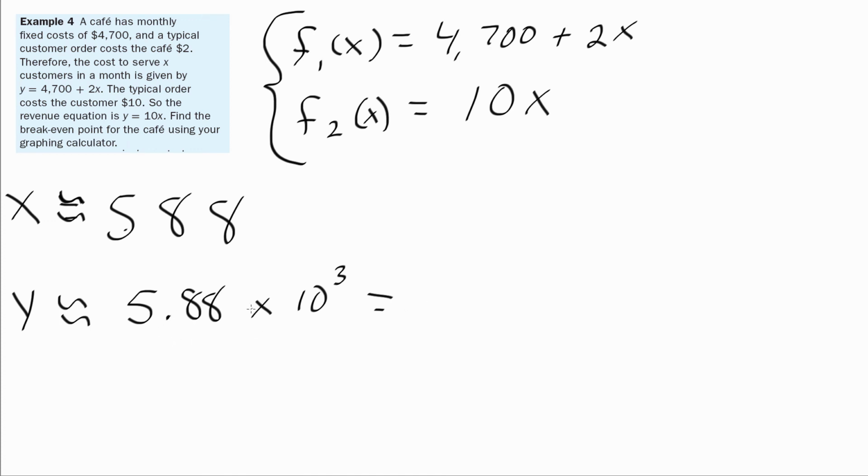Excuse me, it was 5.88, so that's going to be 5,880, and those are approximate values for our intersection. Since I'm dealing with customers, I would want an integer value. I might have to go up or down to get that.